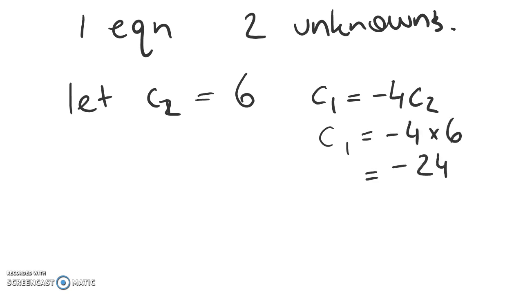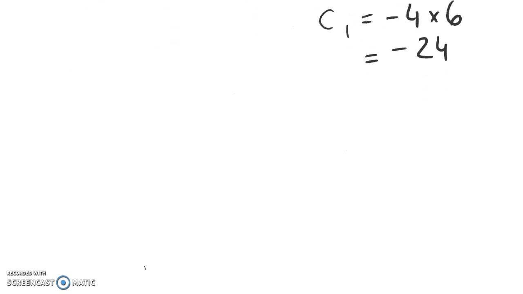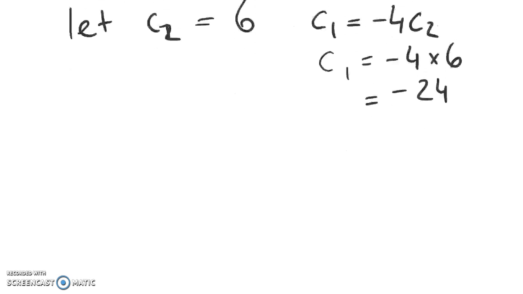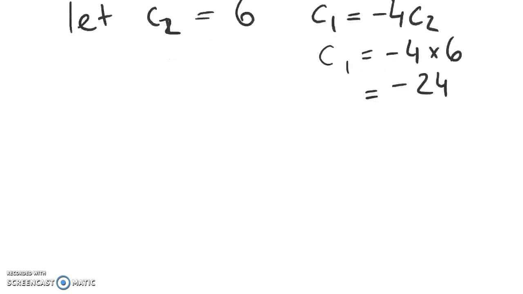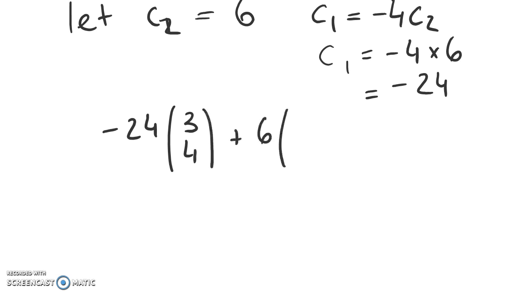So let's use those and see if we do, in fact, get that 0 vector. So here our c1 is negative 24, c2 is 6. So what we're looking at is negative 24 times our a vector, which was (3, 4), plus 6 times our b vector, which was (12, 16).